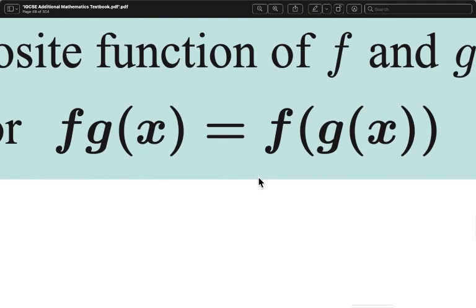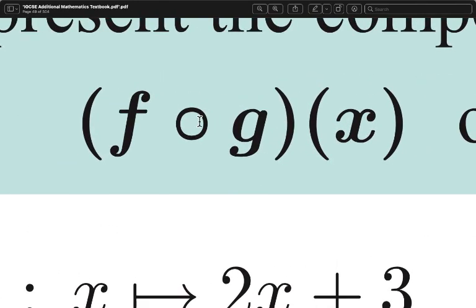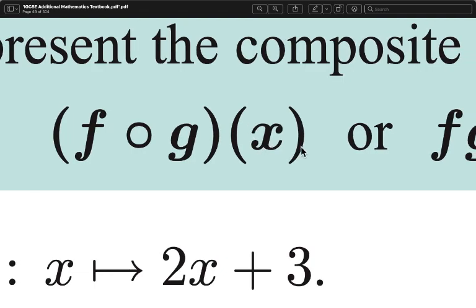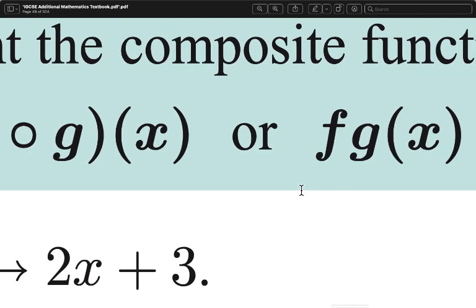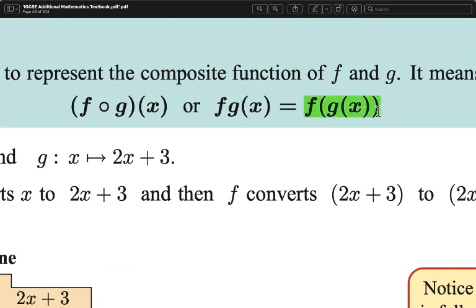This will also have different notations, such as f∘g, which I'd like to abbreviate this way because it is easy to remember, with a circle in the middle, and f(g(x)), which are actually the same.